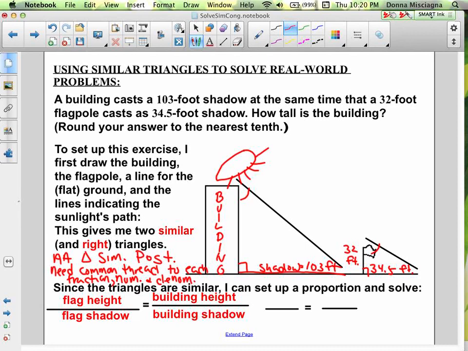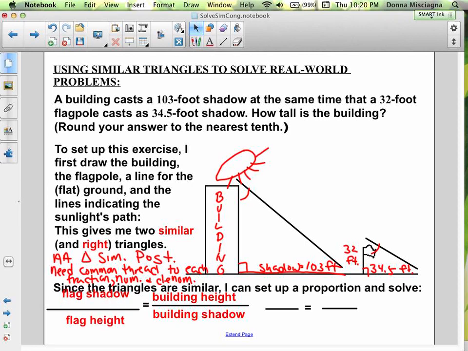So here, one fraction has flag, and the other fraction has building. That works out. The numerator has height, the denominator has shadow. That works out. This isn't the only way I can set up this problem. I can move these around, so long as both of them are switched, it's all good.